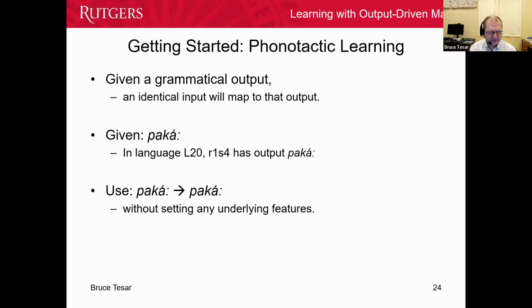For instance, it sees this, that's a word it hears in the language. And it's going to start with the assumption that that form maps to itself. If we adopt it as input, it will map to that output. We're not committing to any features in the lexicon yet. We're just saying, regardless of what the actual input is for that word, it must be the case that this particular input must map to that output.